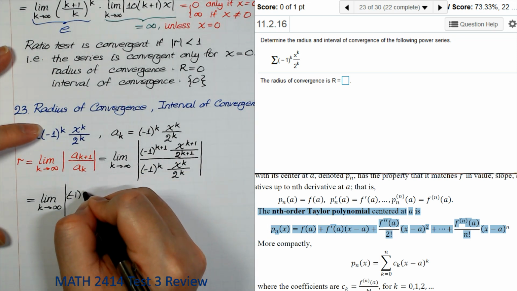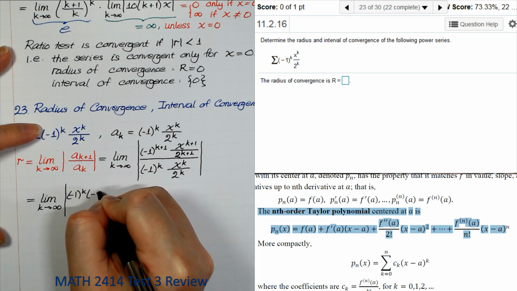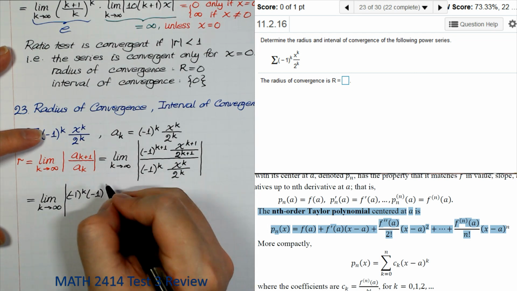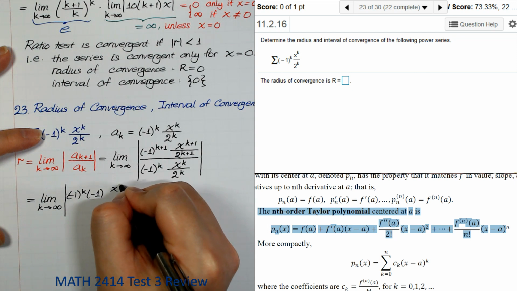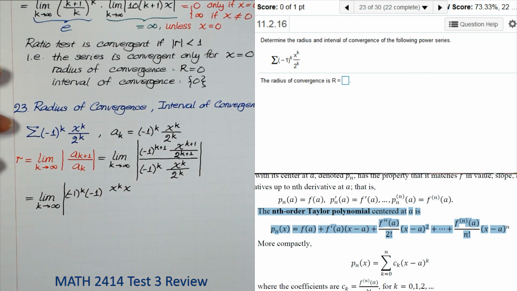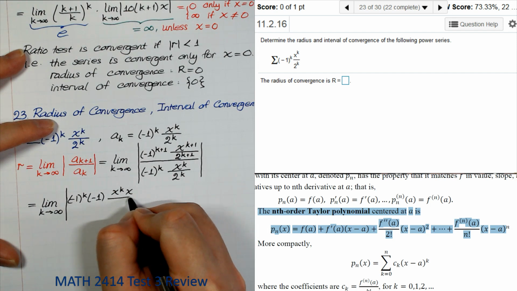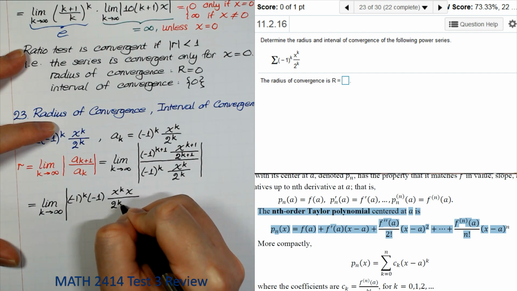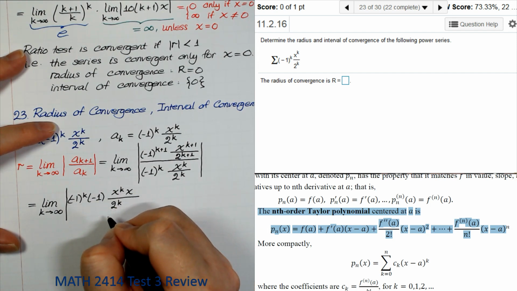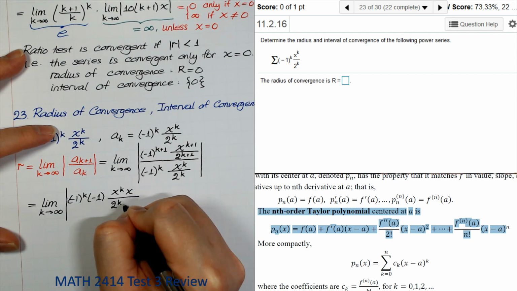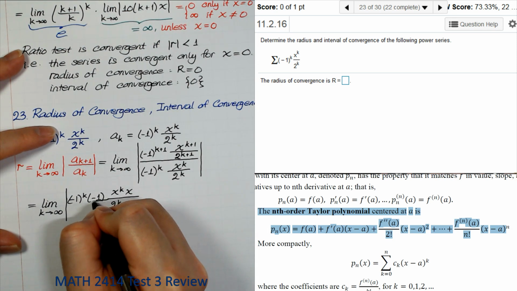This (-1) to the k plus 1 is (-1) to the k times -1. Then x to the k times x. Two to the k times 2. Okay, sorry.